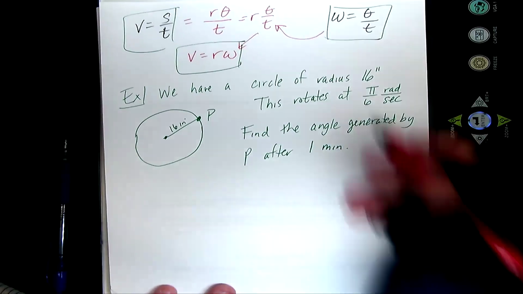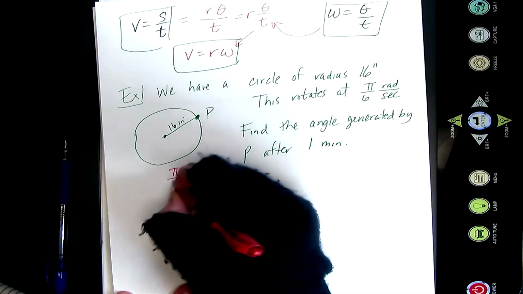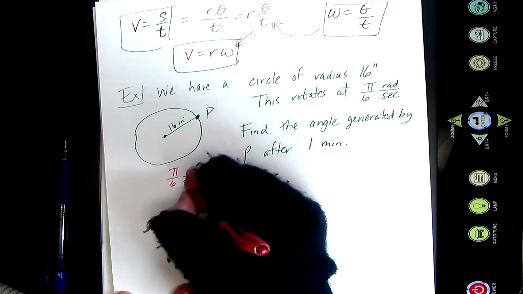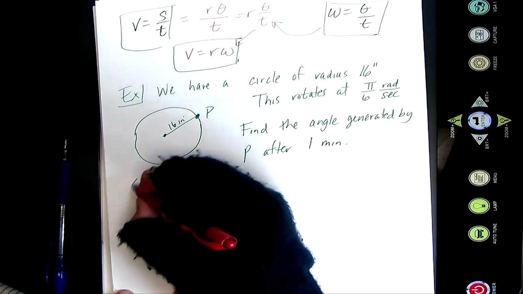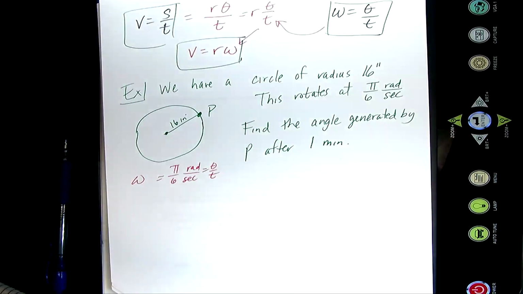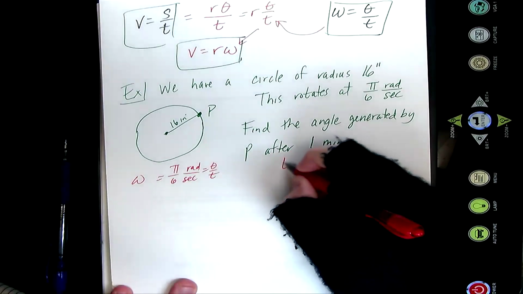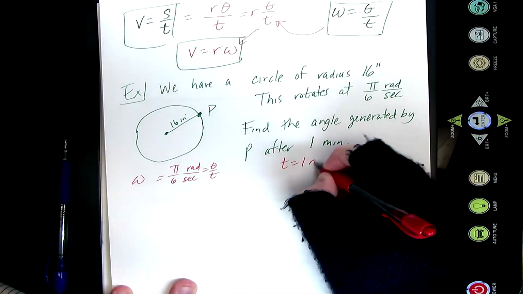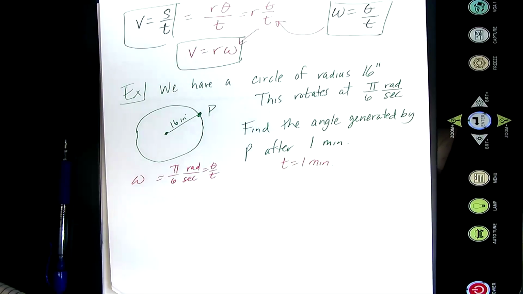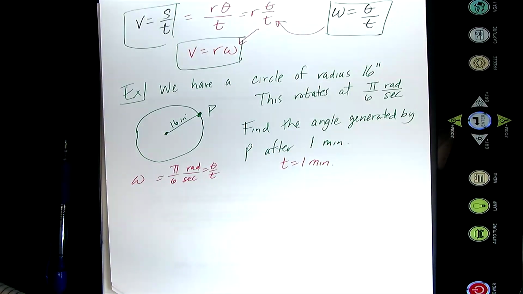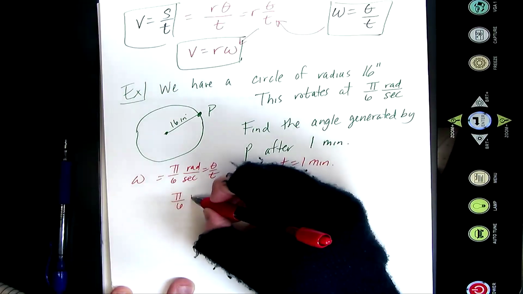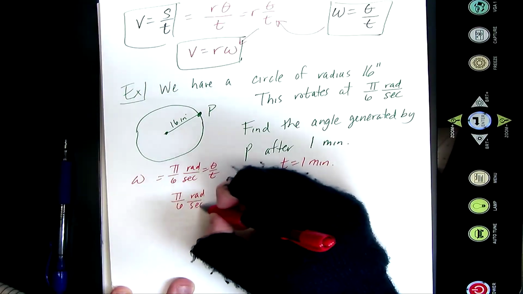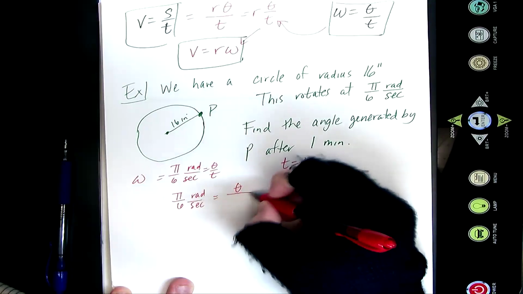What is this pi over 6? Pi over 6 radians per second looks like a theta over a time, which means this is omega. And they gave us time was 1 minute. So I've got pi over 6 radians per second equals theta over 1 minute.